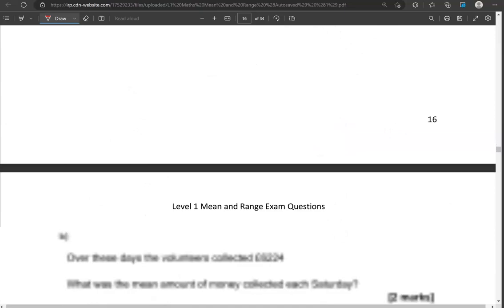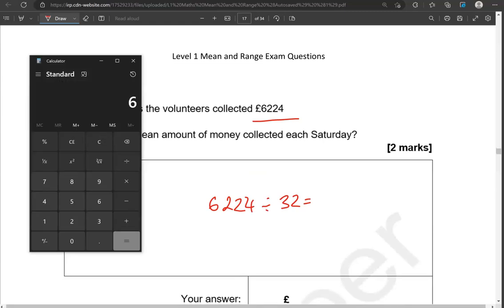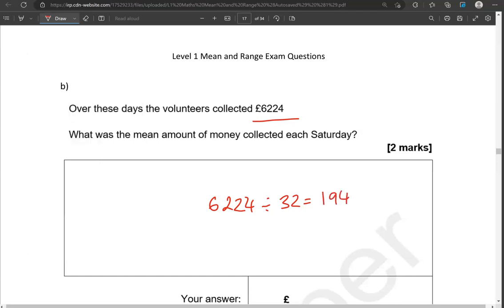So 6,224 divided by 32 gives us £194 and 50 pence.